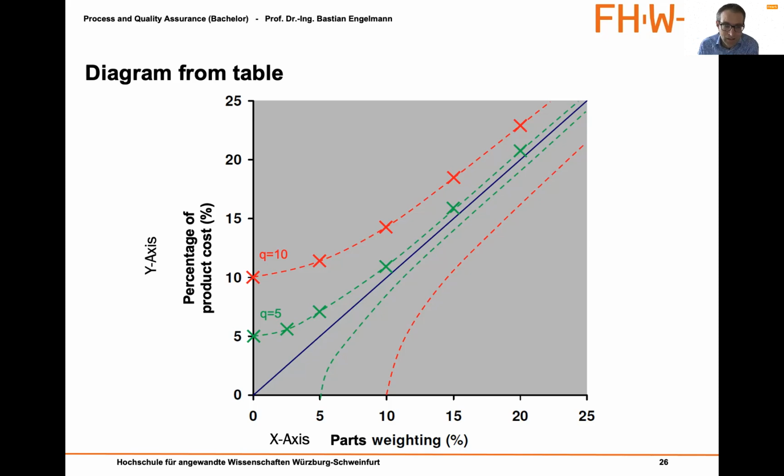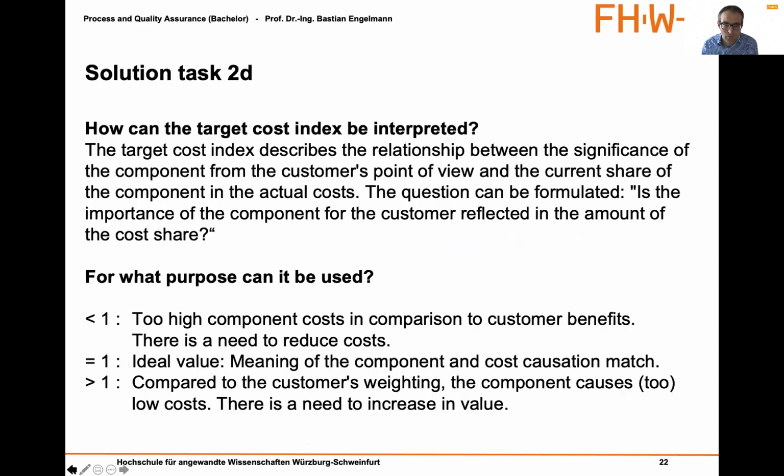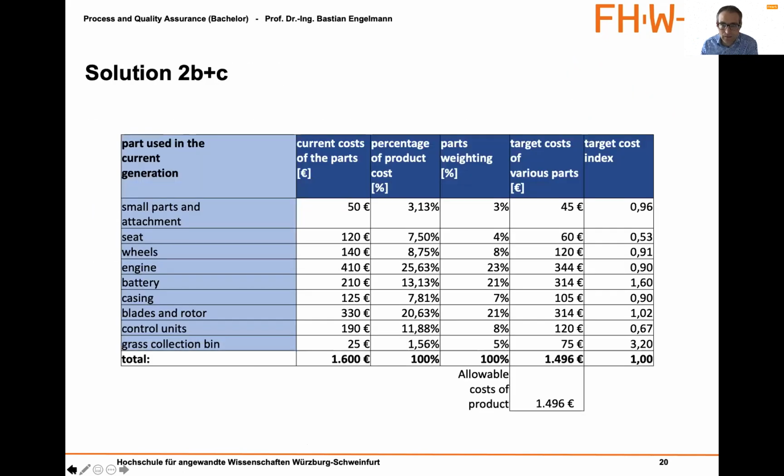And we put here the percentage of the product cost on this axis, and we have the parts weighting on this axis here. And what we could now do is we go in our table and we take, for example, the small parts and attachments.